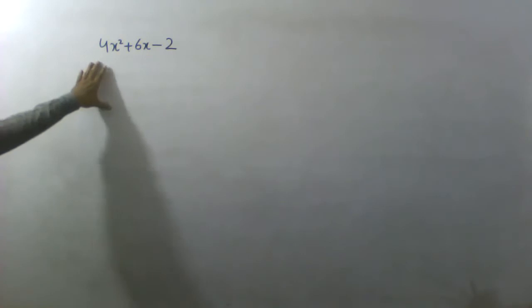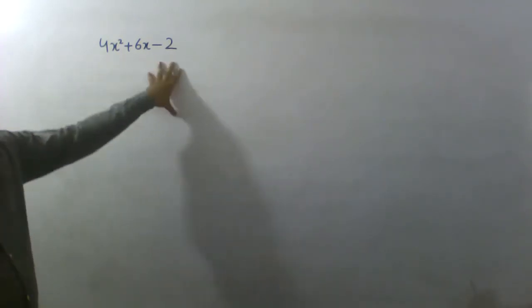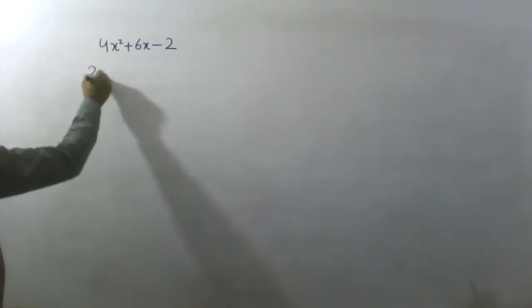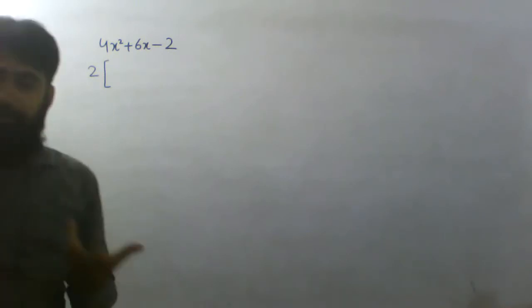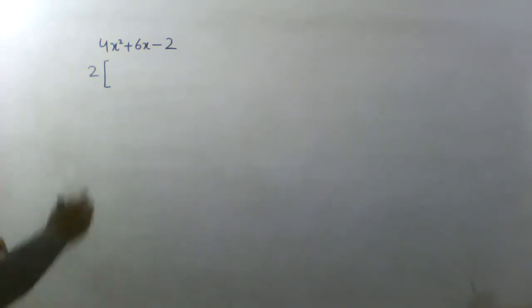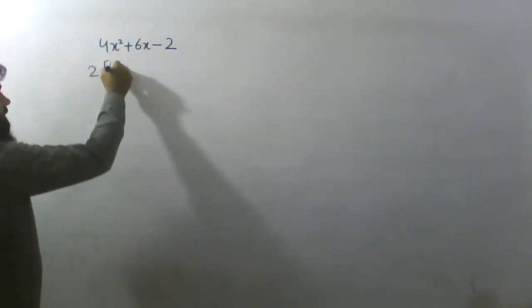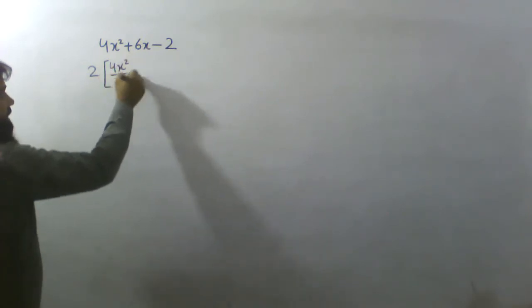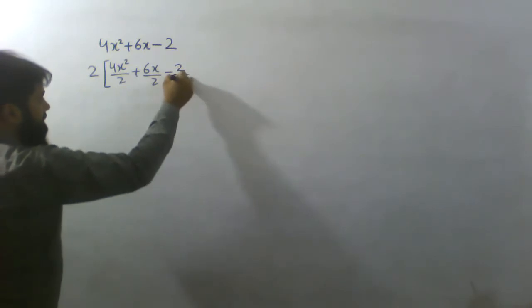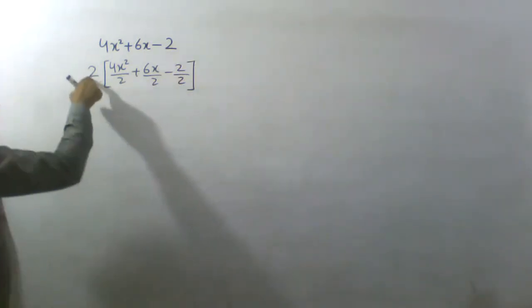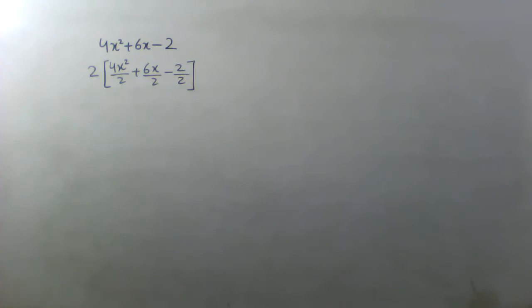You can see that 4, 6 and 2, over here I can take 2 common. So basically what happens when we take something common is that every term which is given over here is divided by that number or that value which we are taking common.